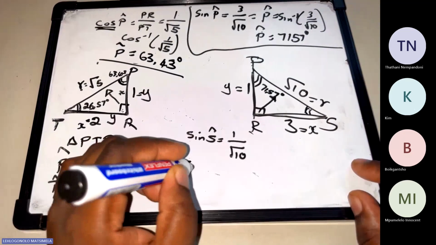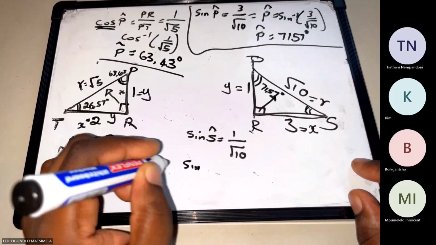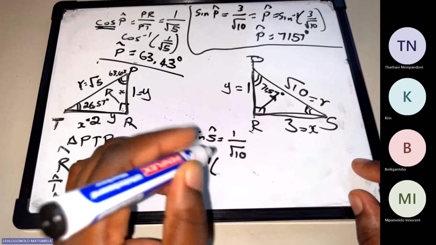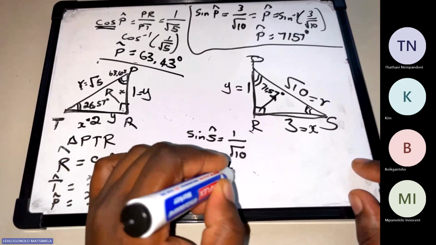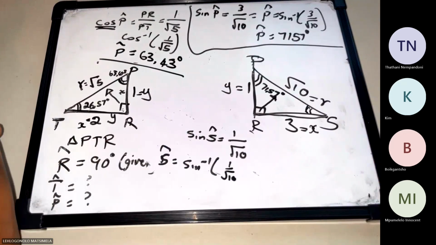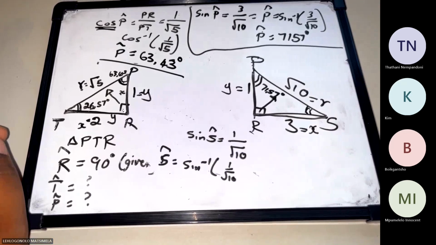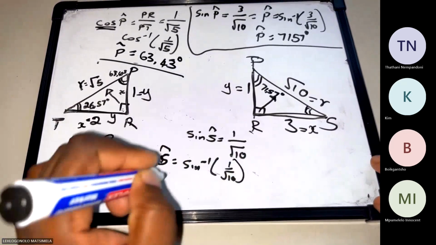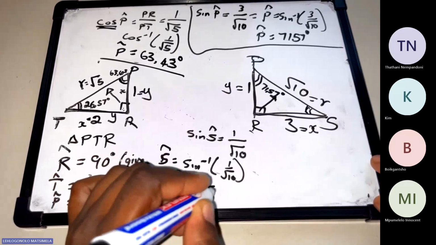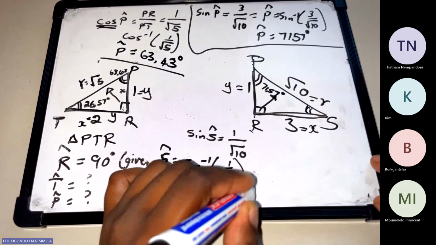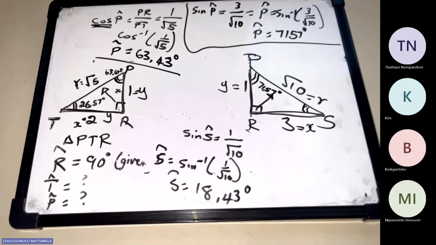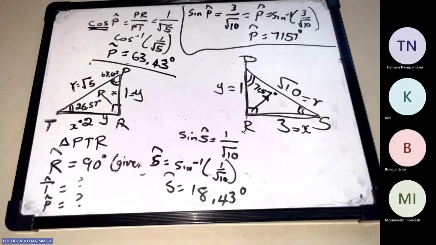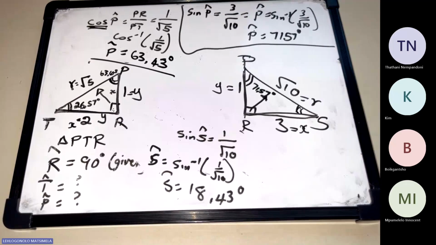So I will have S is equal to shift sine of 1 over root 10, which gives us S is equal to 18.43. Now we got the angle. This is the important thing that we are to understand, please.